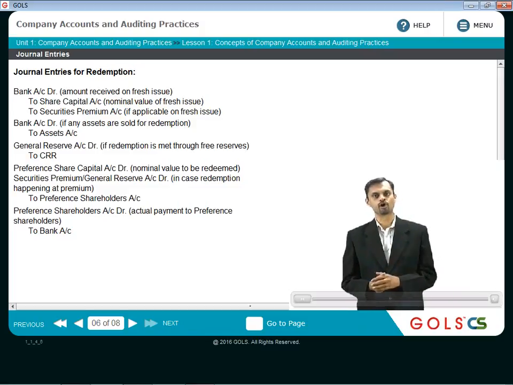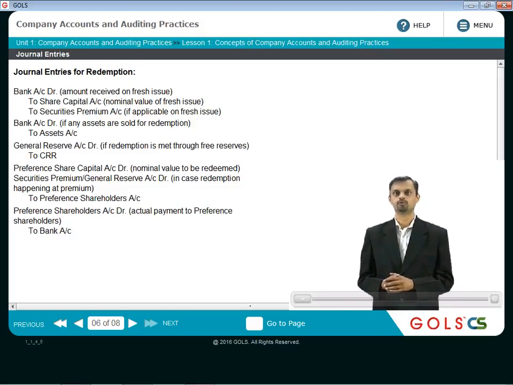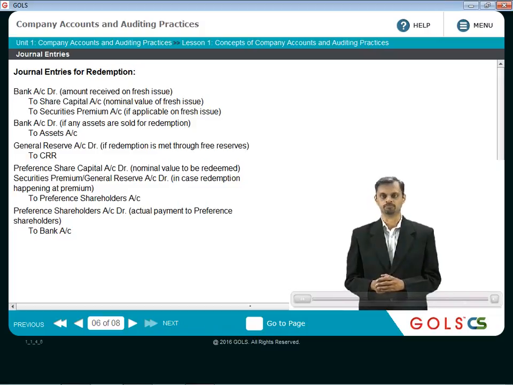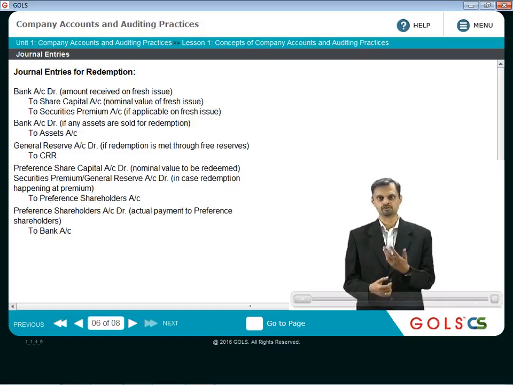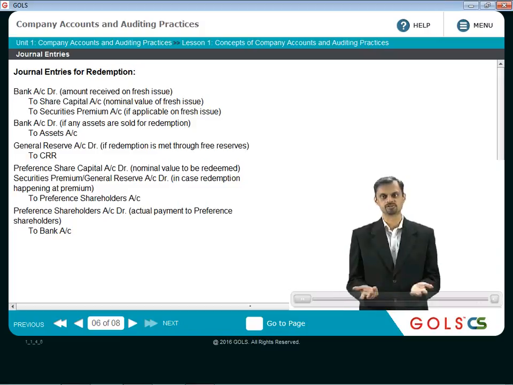So securities premium or general reserve account debit for the redemption happening at premium, and this amount is due to the preference shareholders. So to preference shareholders account, that is credited. Then the actual payment happening to the preference shareholders: account debit to bank account. So these were the entries for the redemption of preference shares.